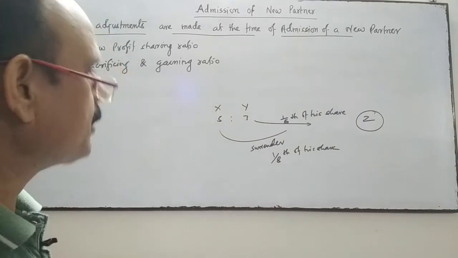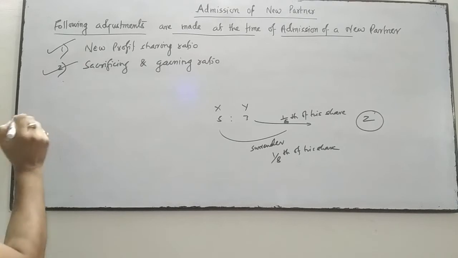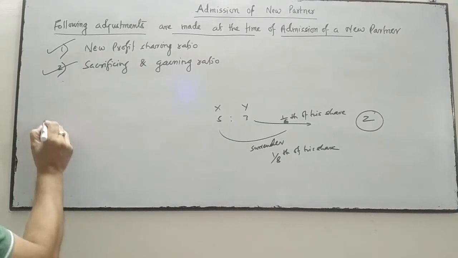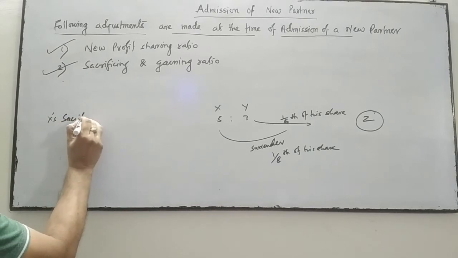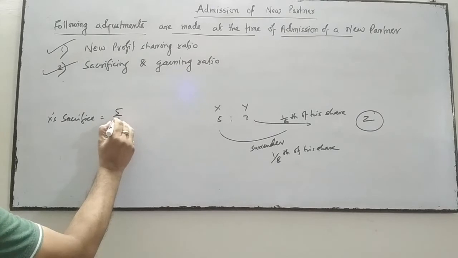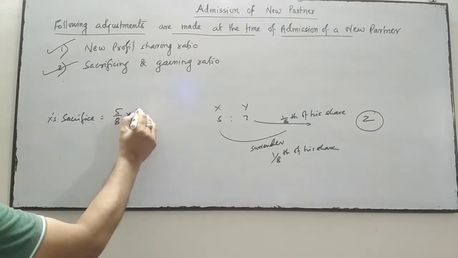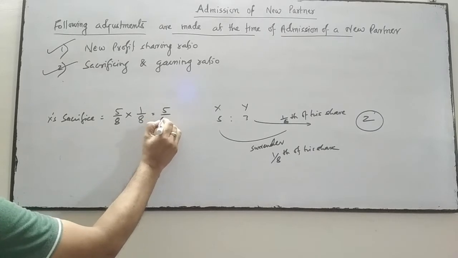Okay, find out the new ratio. So first of all, how much has X surrendered? X's share is 5/8. Out of his share, he has surrendered 1/8 of his share, meaning 5/64.